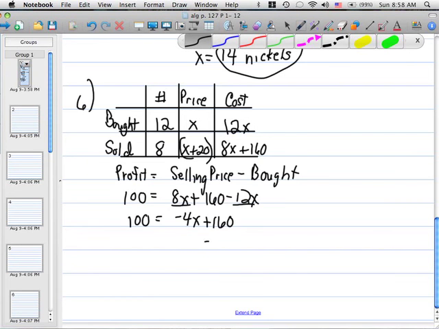Solving for X, undo the adding 160, subtract 160. So we get negative 60 equals negative 4X. Divide by negative 4.